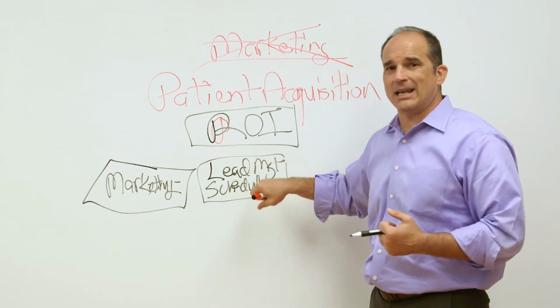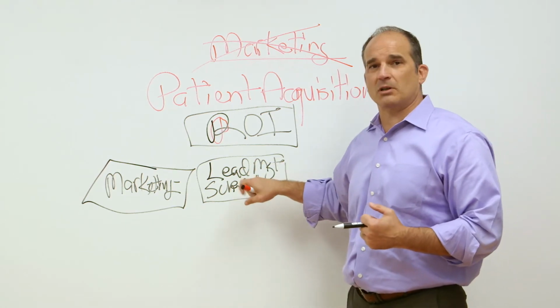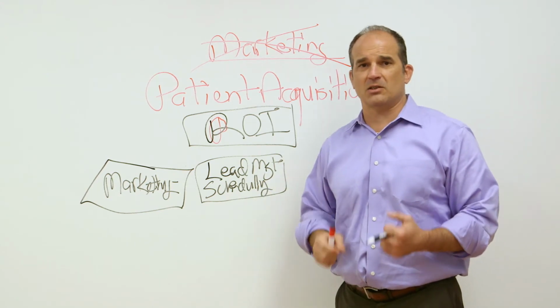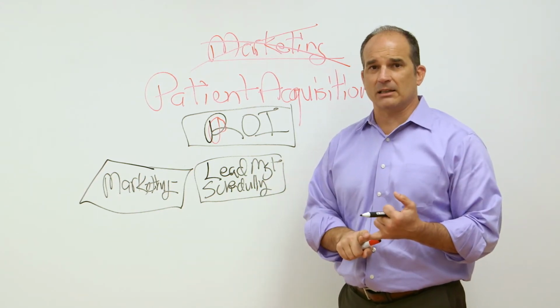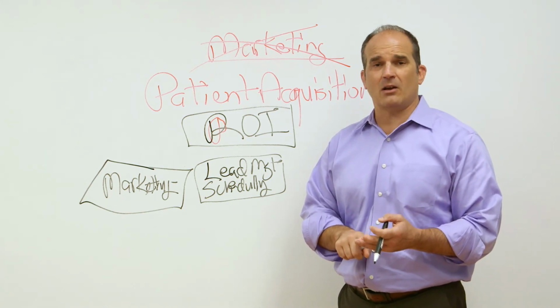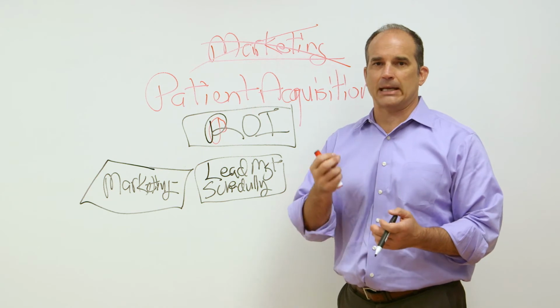So lead management and scheduling are the next things we're going to look at after we figure out where the leads are coming from. Scheduling comes down to how many people that you get leads from are scheduling, how far out in advance are they scheduling, and then ultimately, of those people that schedule, how many attend.